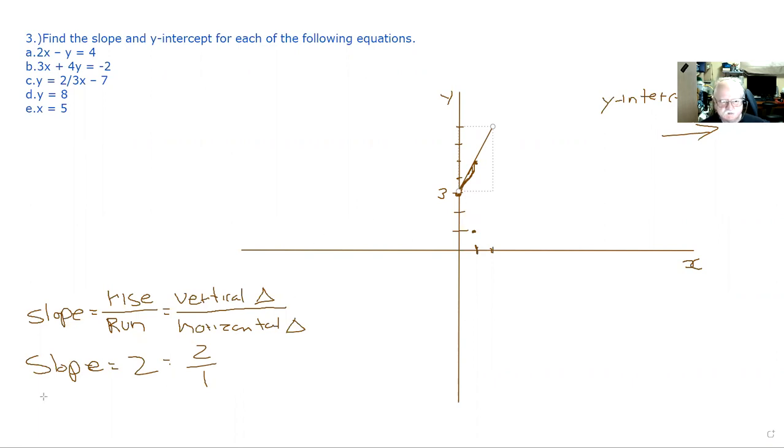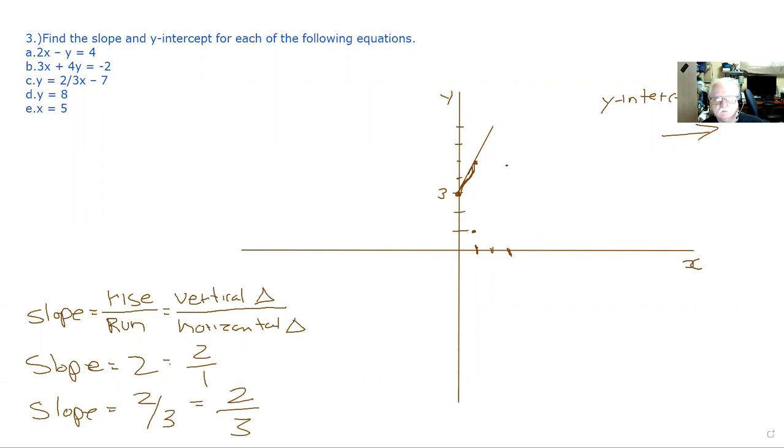If they told us the slope was equal to, say, 2/3, then we don't need to put it over 1. It's already in the form of rise over run. So for a horizontal change of 3, so let's say 1, 2, 3, the line would be going up 2.